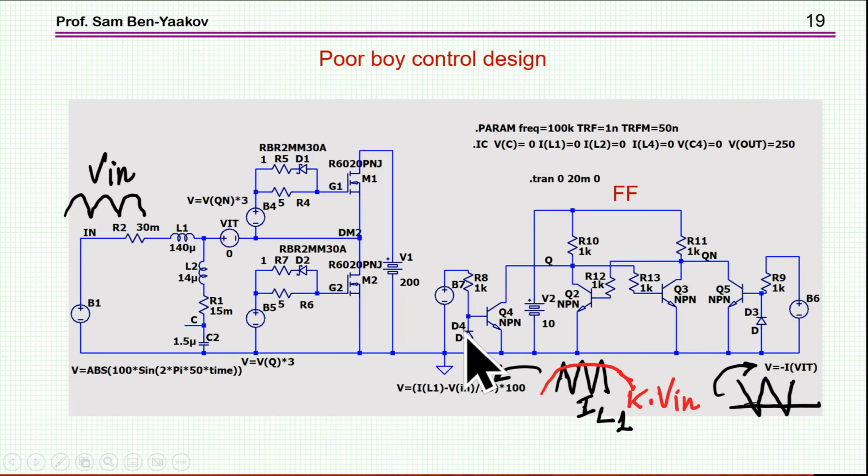Now, in order to demonstrate it, I've set up what you might call a poor boy control design for this thing, to run it correctly and to make sure that the ripple is correct, and also to reduce the harmonics in the case of power factor correction.